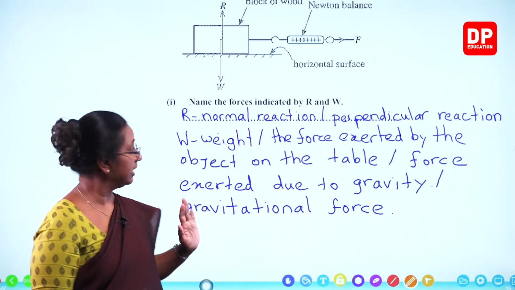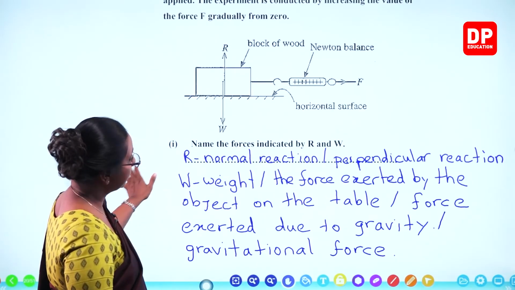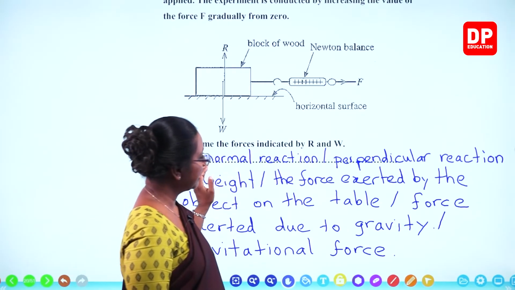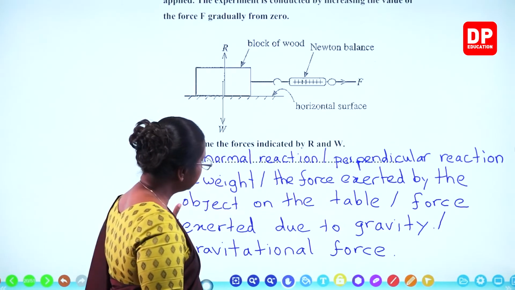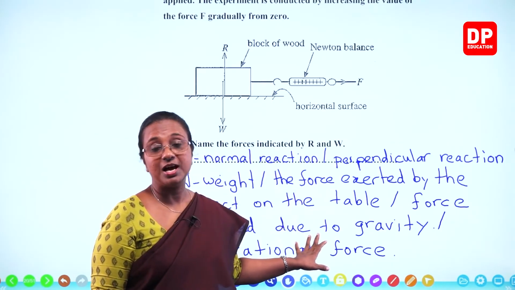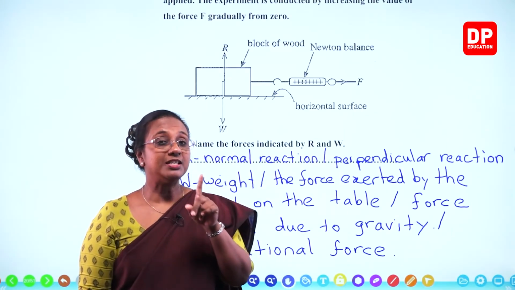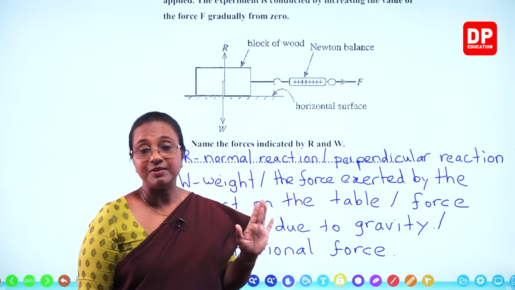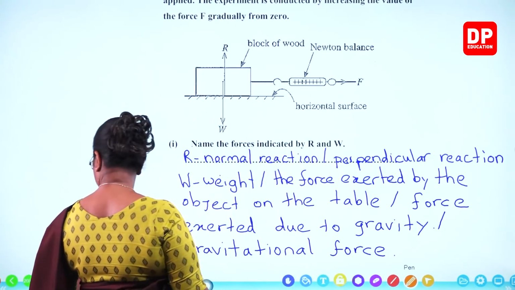That is more than enough. Is that clear, students? Normally, like I told you all, the structured paper gives enough space for the particular answer. But here, since I am writing all the possible answers, I am taking up more space. So you will be writing only one answer. Then there will be no problem. So with that, students, I'll move on to the next part.